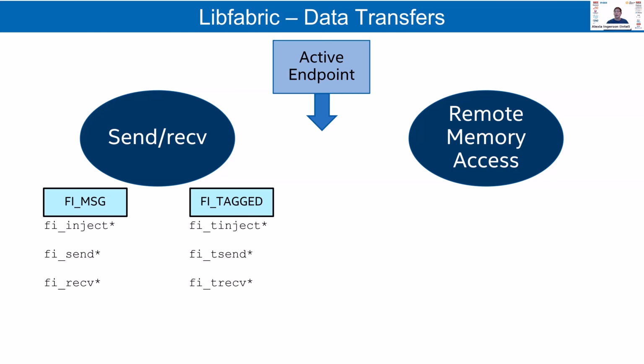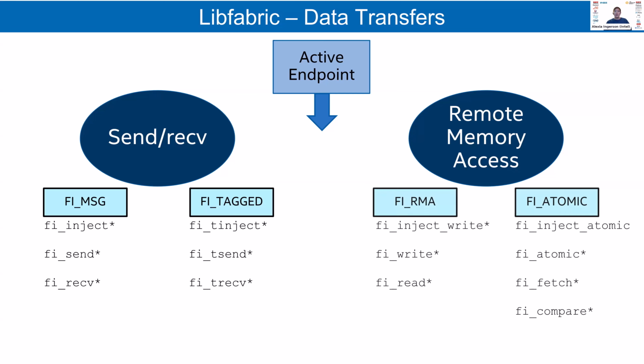So that can be used to match receives to specific buffers, basically allowing for grouping of messages. There's also two types of RMA calls: regular RMA, which issue a direct read or write into remote memory locations, and then atomic operations, which will do a write or read into a remote location, but also will perform an atomic memory operation, like maybe a sum or a compare swap, along with the data transfer.